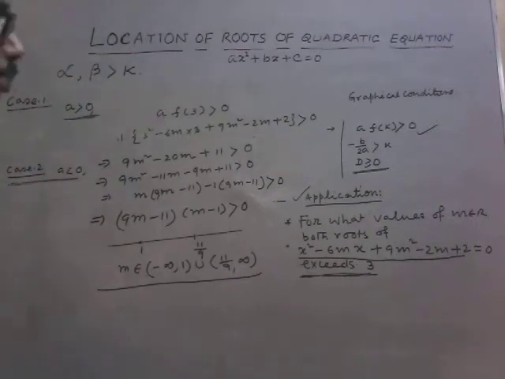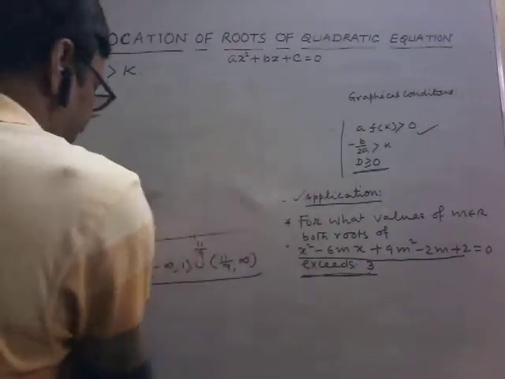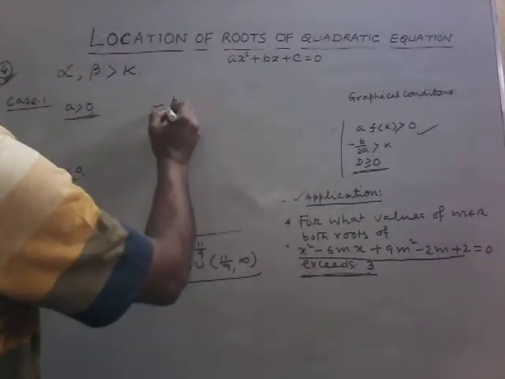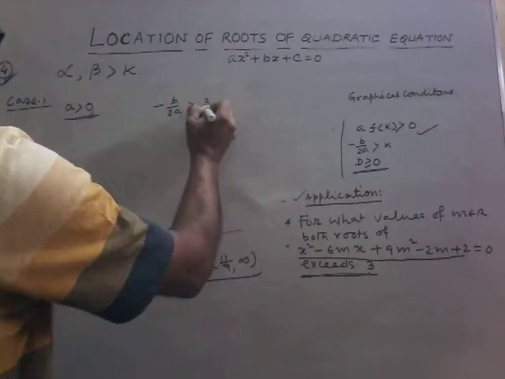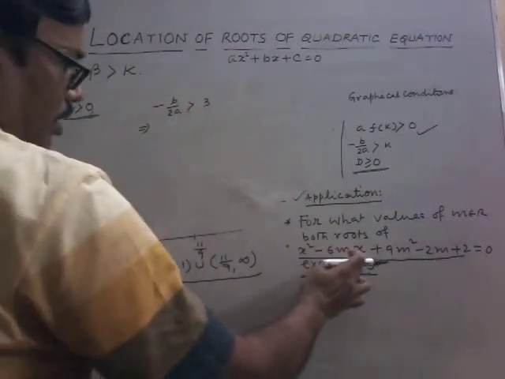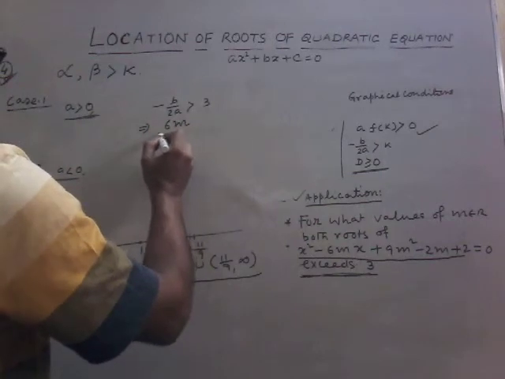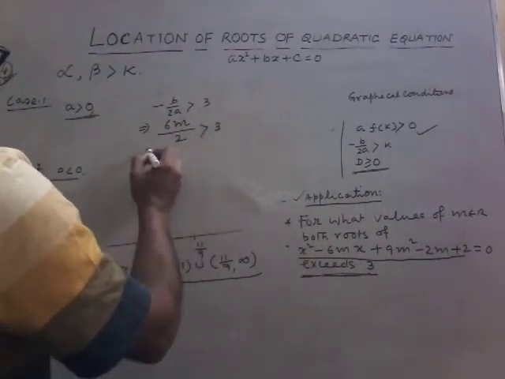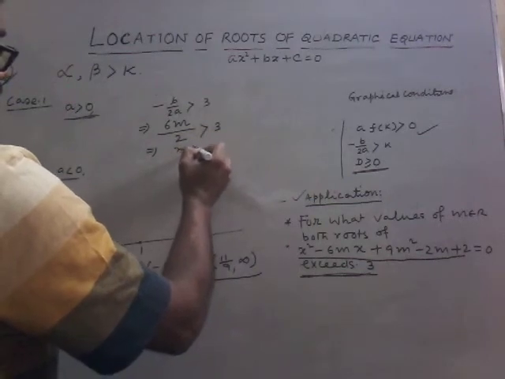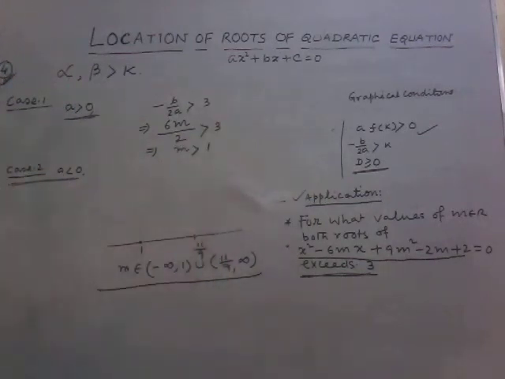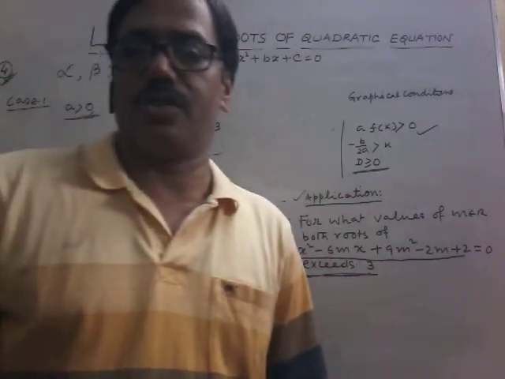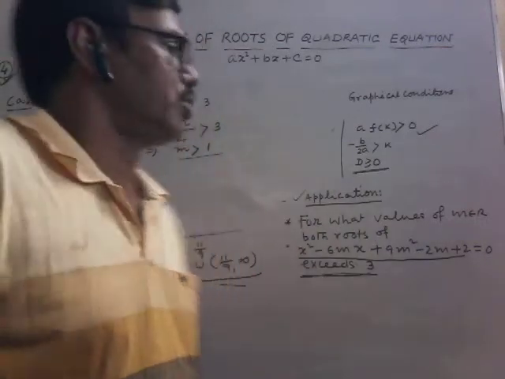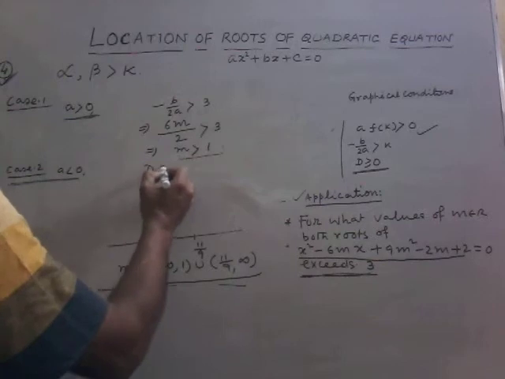Now condition 2. Minus b by 2a greater than k. What is k? K is 3. So b is minus 6m, minus b, and a is 1. So we get m greater than 1. This is one condition. And the third one is D greater than or equal to 0.